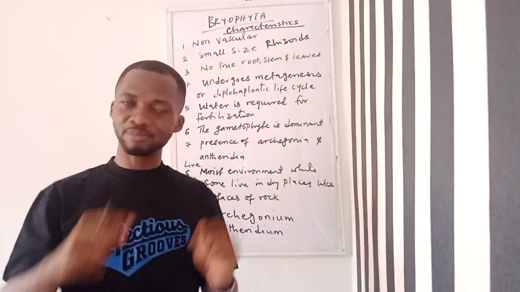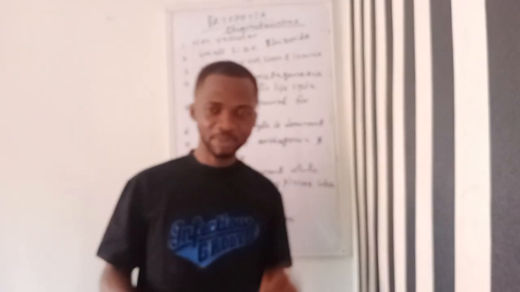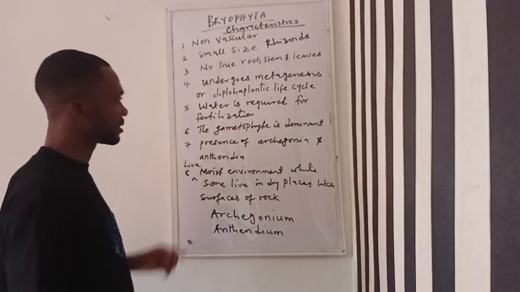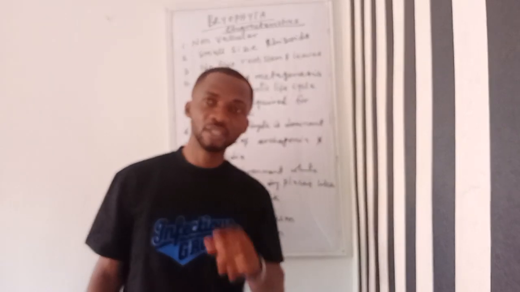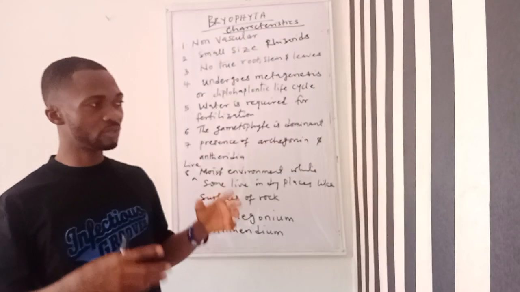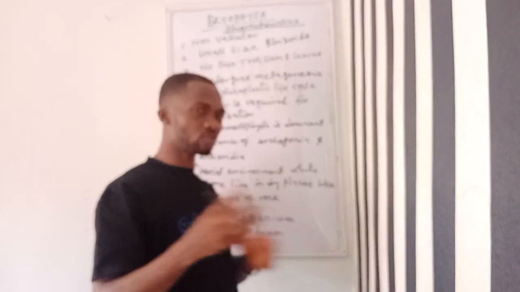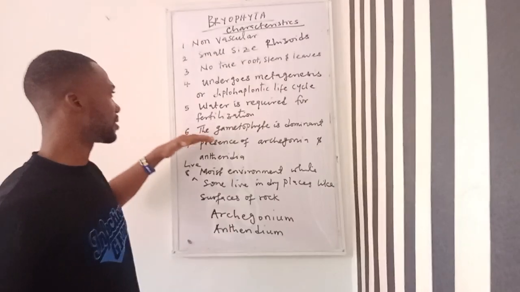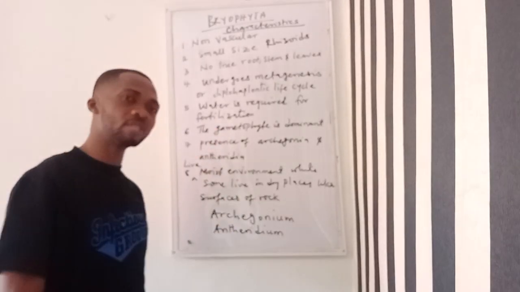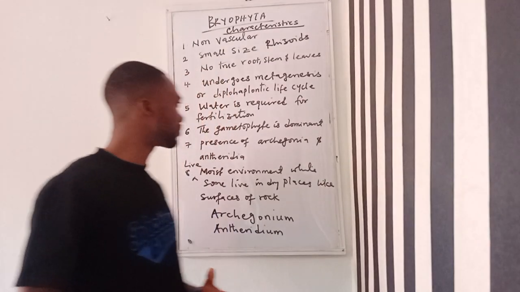But in pteridophyta, the gametophyte is dependent on the sporophyte. So in pteridophyta, the sporophyte is dominant, while the gametophyte is not dominant. But in the case of Bryophyta, the gametophyte is the dominant one. It is the one that is conspicuous, the one that is apparent, the one that can be seen.